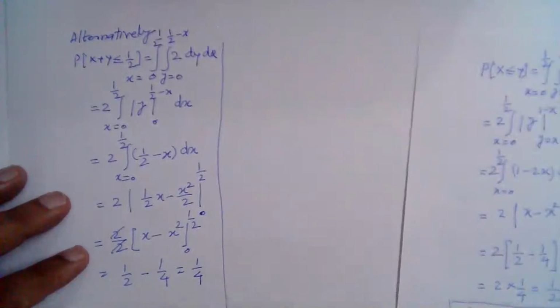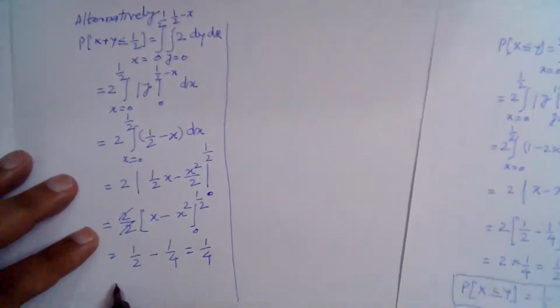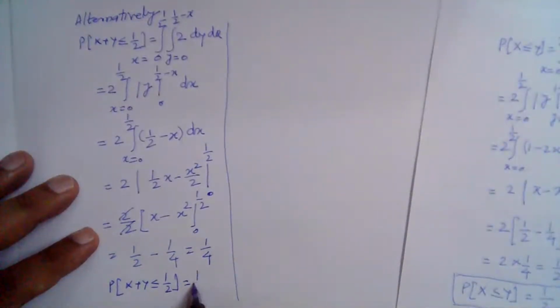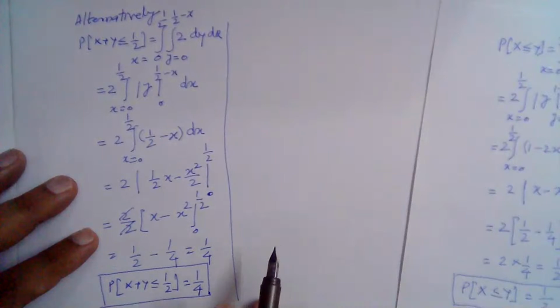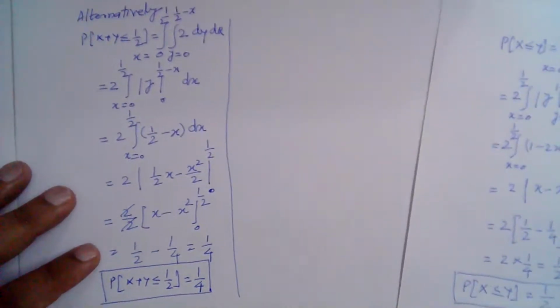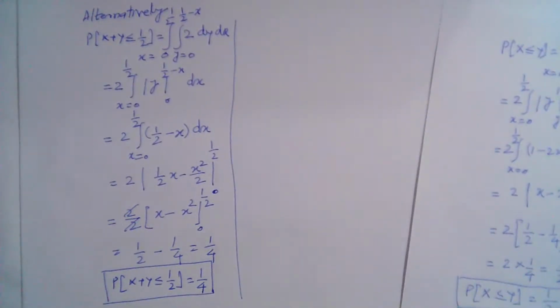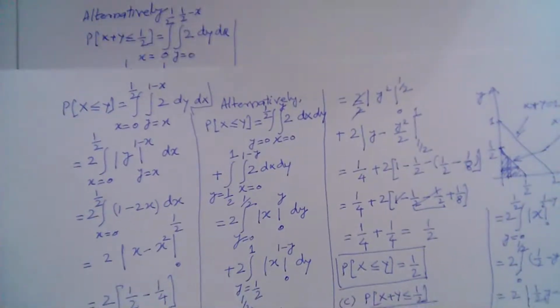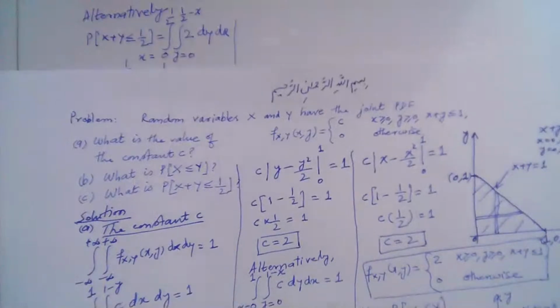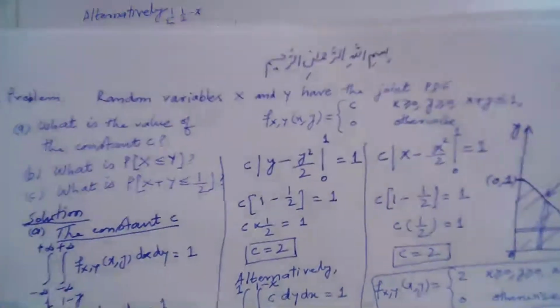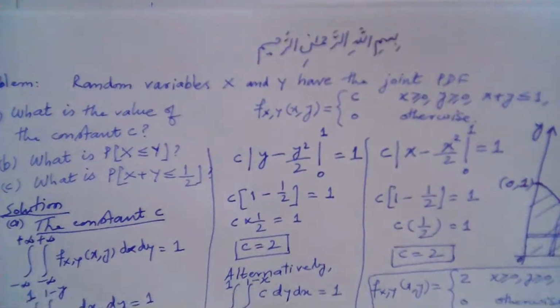So the probability that x plus y is less than or equal to 1 over 2 is equal to 1 over 4. So this finishes our solution to all the 3 parts of the problem, and we have done all the 3 parts using 2 methods to demonstrate how to take limits in either case.